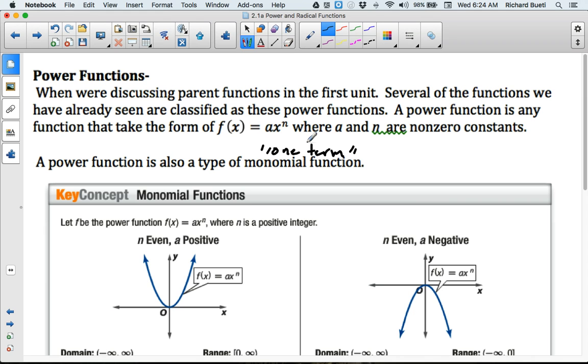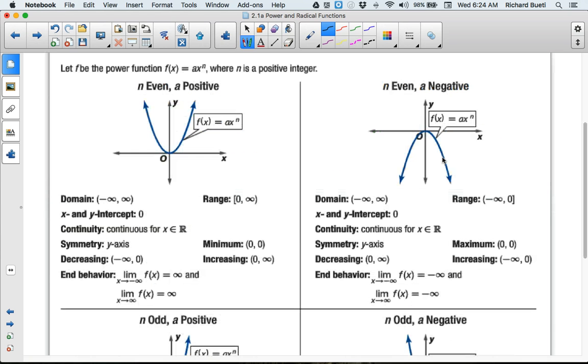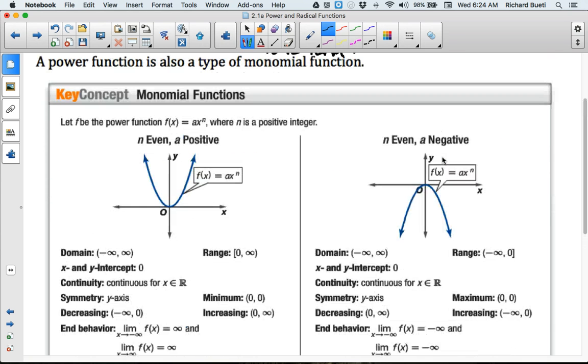When we analyze these monomial functions, we have one of four possibilities. So let's pause for a minute and get the first set in. If f is a power function, f of x is equal to x to the n, where n is a positive integer, we can have the exponent be even, which is going to be our first case here, or odd, and then what changes is whether or not the constant in front, the a, is positive or negative.